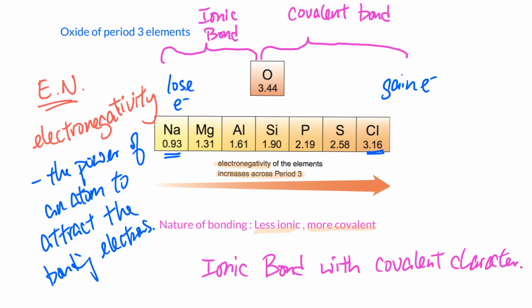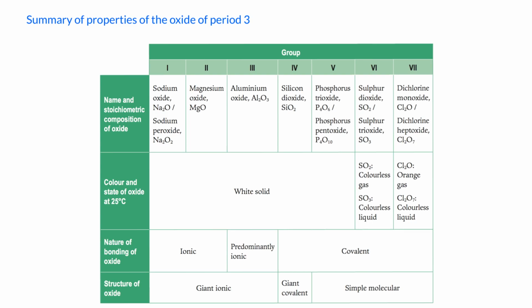So for these oxides of period 3 elements, we're going to put them in a table form, just like this one. This table shows the properties of the oxides of period 3. First of all, you're going to have the name and stoichiometric composition of the oxide. Each of sodium, magnesium and aluminium may form more than one compound.